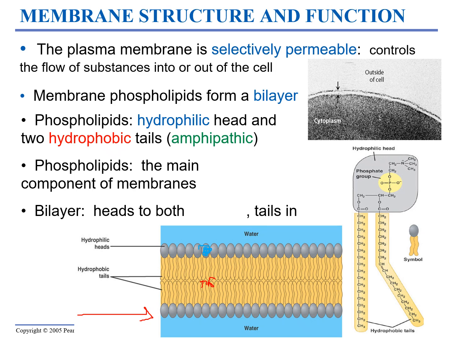So phospholipids are the main structural components of the membranes, and the bilayer has heads on both surfaces and tails in the middle. This is because the heads are hydrophilic, so these like water on both sides of the phosphate bilayer, while the hydrophobic tails are not the biggest fans of water. They are hydrophobic, which you can remember as scared of water.